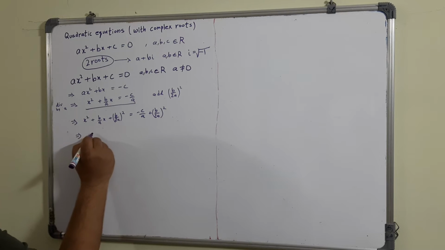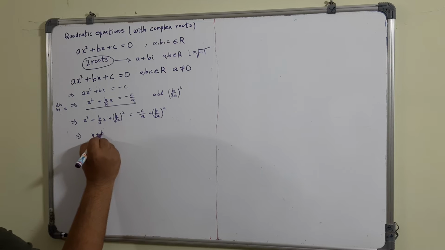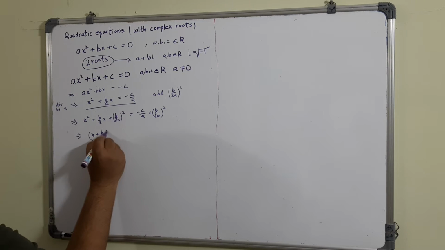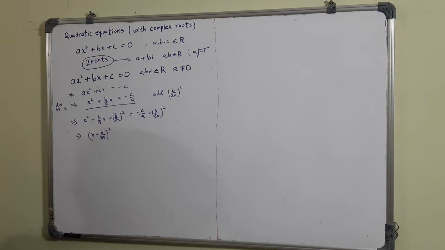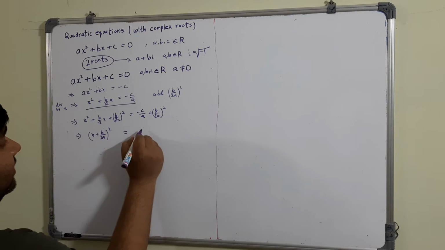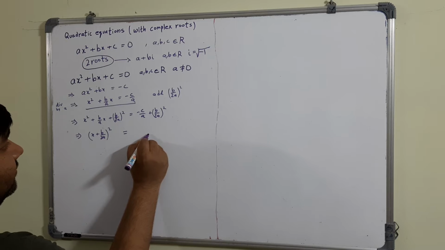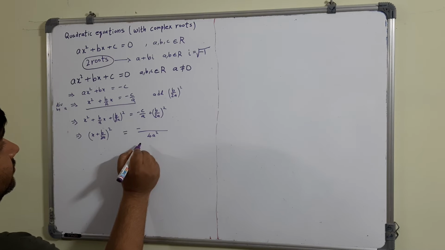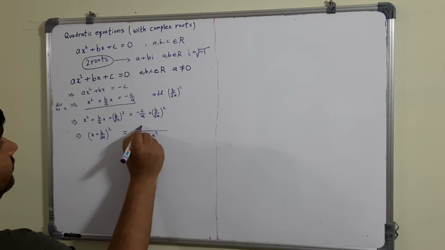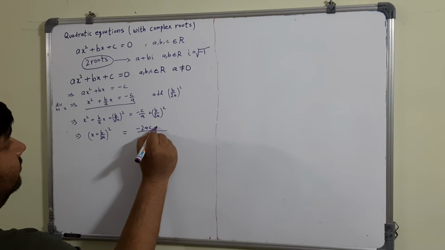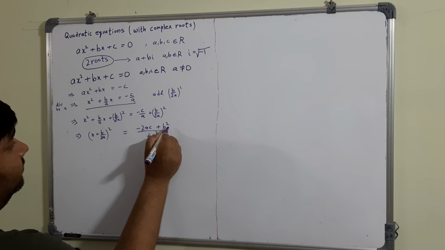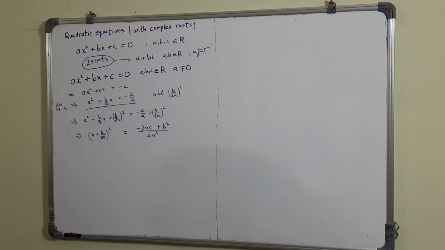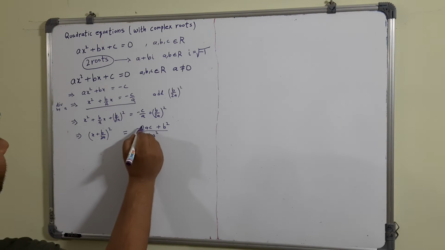So this would become x plus b by 2a whole squared. And on the right hand side, the denominator will be 4a squared, and the numerator would become b squared minus 4ac.